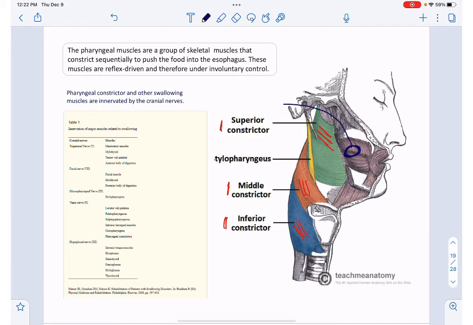And that information goes to the brainstem, and the brainstem turns around and it causes involuntary constriction of these skeletal muscles. And these pharyngeal muscles are going to contract sequentially. So first the upper one, then the middle, and then the lower.